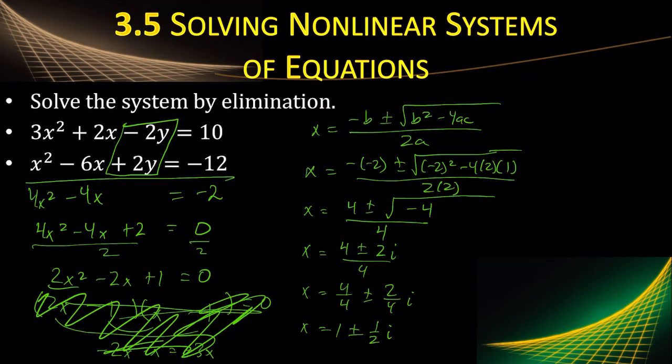Now notice that is imaginary. For what we're doing with this lesson, we would like only real solutions. If we graph these, they will not intersect, so we say there's no real solution.